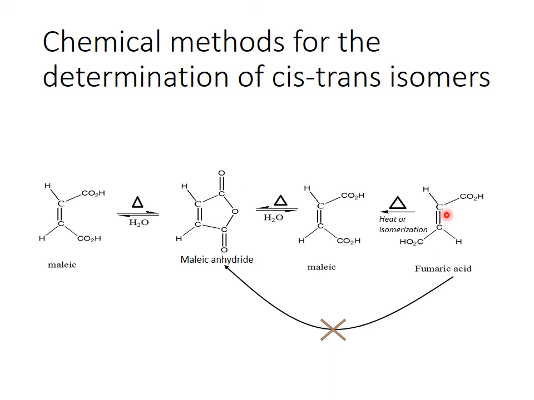Fumaric anhydride would not be formed. Instead, it will undergo a change in geometrical isomerism. It will be converted to the corresponding cis isomer. Upon heating, it isomerizes to give malic acid, which will further undergo cyclization to form the anhydride.